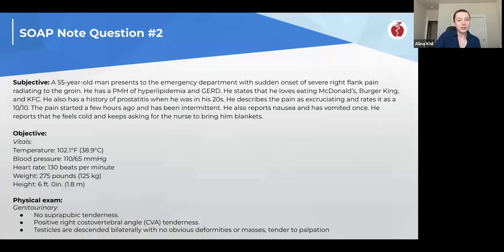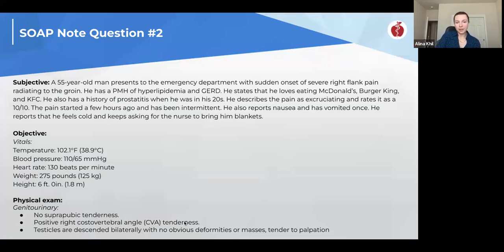All right, and then for objective, we have here the vitals. Important things to note: I notice he has a fever. His blood pressure is okay, maybe slightly a little bit low. He is tachycardic, and they give us his weight and height, which for a 6-foot man looks pretty okay. And on physical exam, we don't have suprapubic tenderness, so that makes me lean away from something such as a UTI.